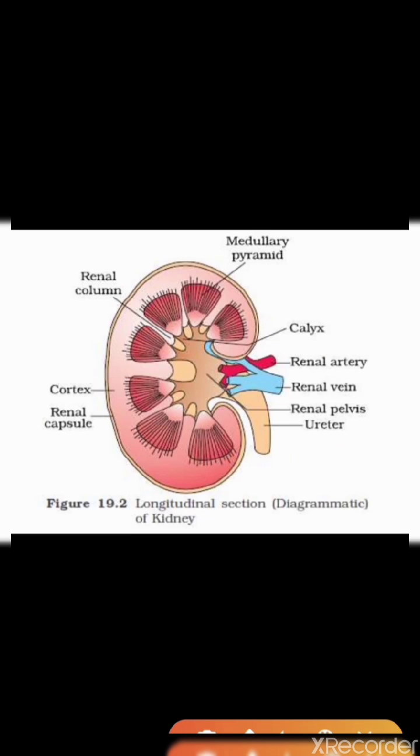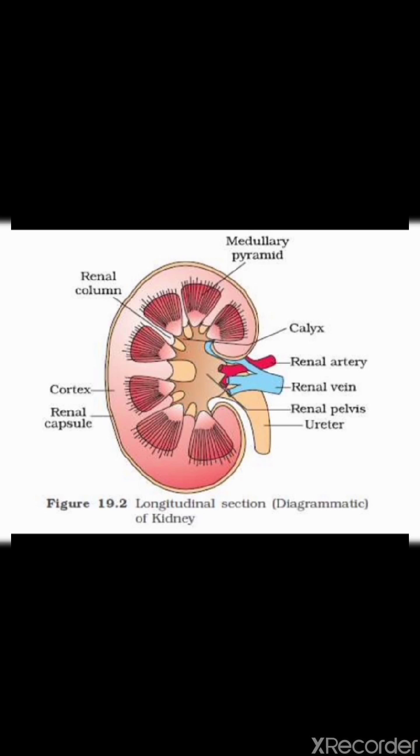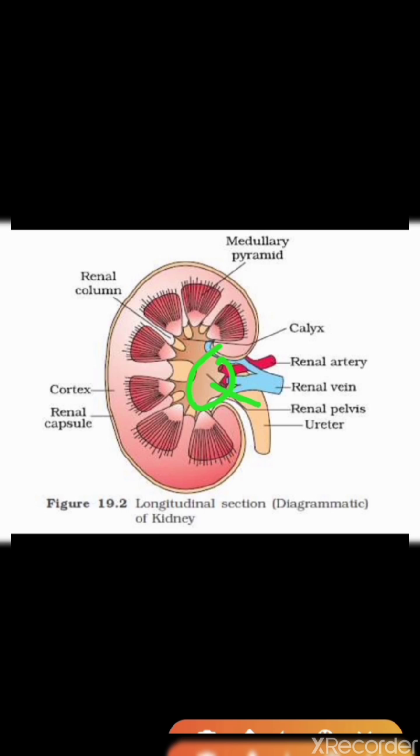In this diagram you can see the ureter, entering through the hilum, and it expands to form a wide funnel shaped structure, which is known as the pelvis. Clear?